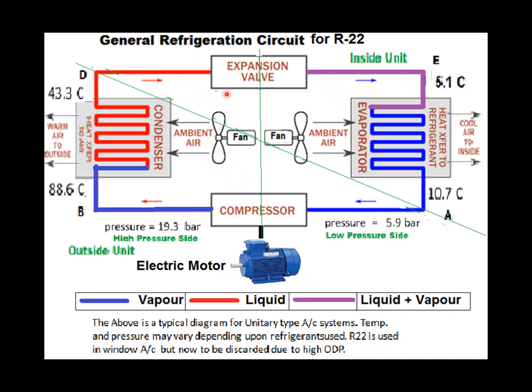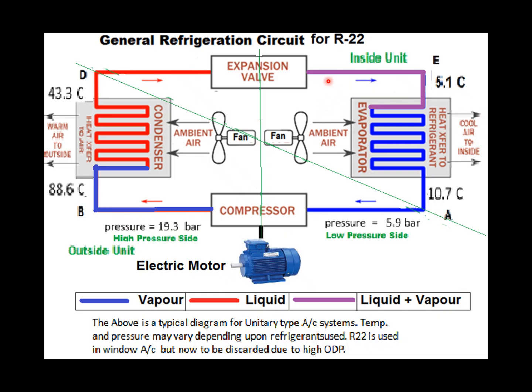Friends, once again the same refrigeration circuit used by a window type air conditioner using R22 refrigerant. But here I have given the temperature and pressure. Let me start from here.